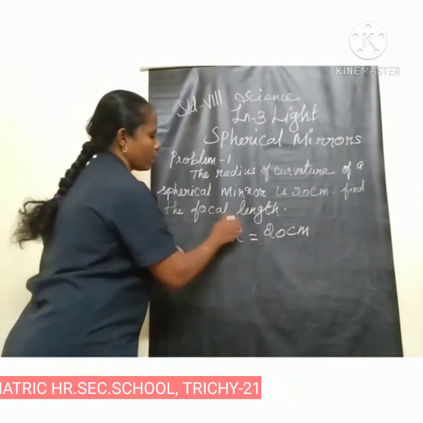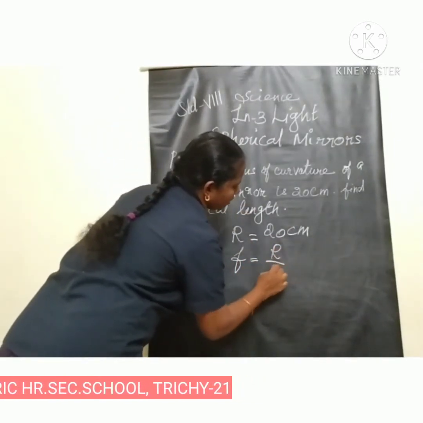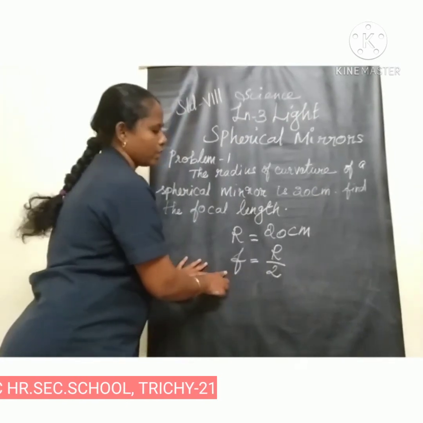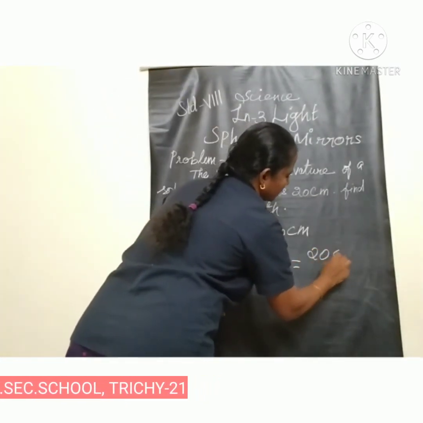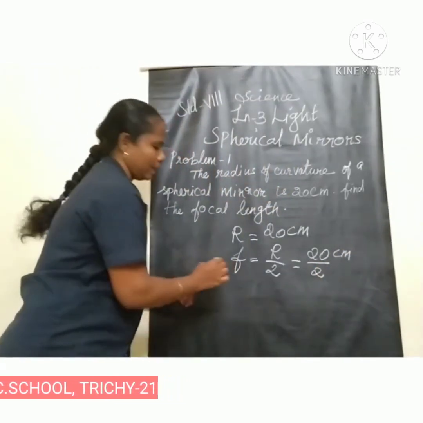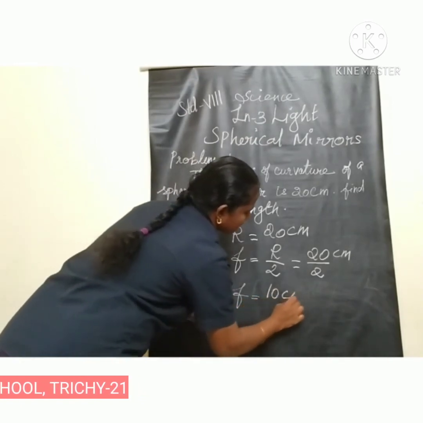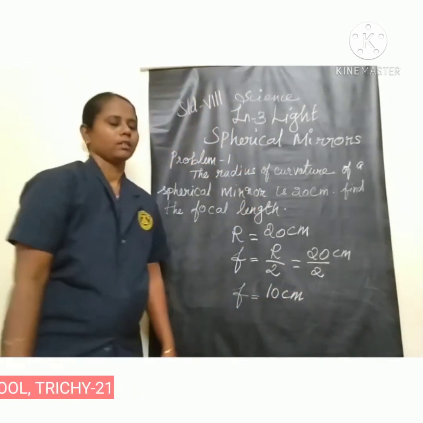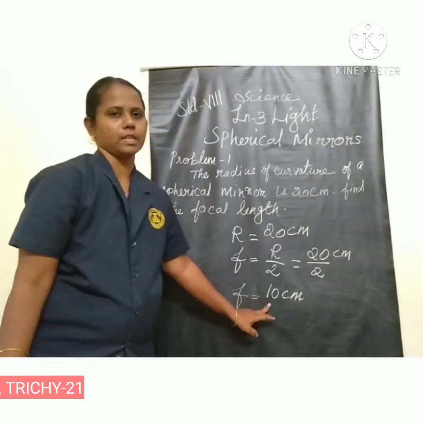F is equal to R by 2, which is 20 centimeter by 2. So the focal length f is equal to 10 centimeter.